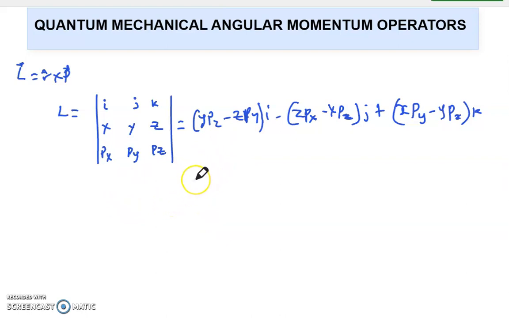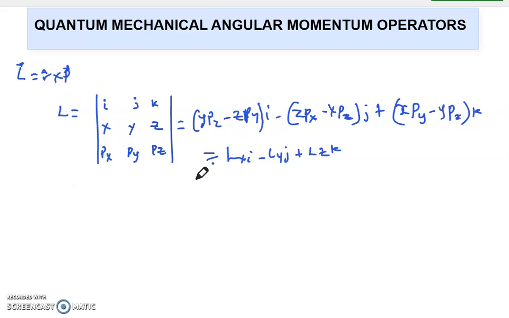When we do that, this is going to be equal to Lx i minus Ly j plus Lz k. So let's focus on one component of angular momentum, and let's say we take Lx.